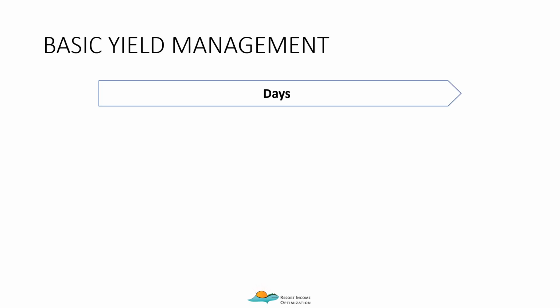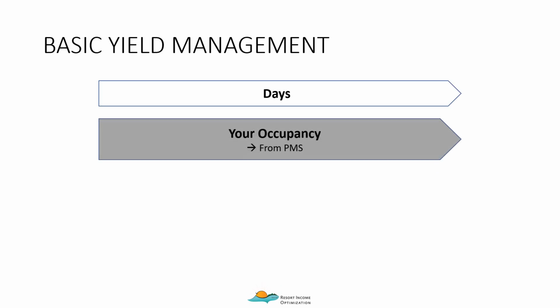And then you want to pull in your occupancy, and your occupancy should come from the PMS. Now we are using the term occupancy, but to be more specific, it's your reservations, right? You want to pull it from the place that's most accurate, that reflects all the channels and all the sales and every reservation, even if it came in from the telephone or from direct booking or any number of travel agencies.